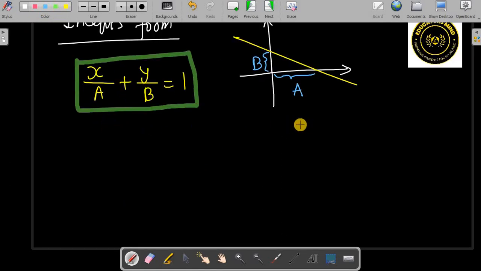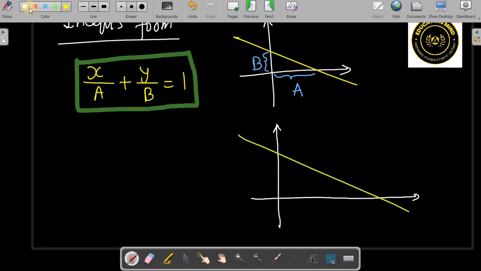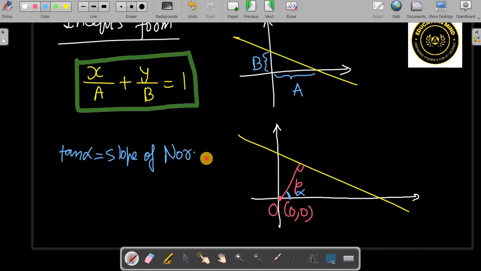Then next, equation of a line based on the length of perpendicular. Suppose there is a line like this and you can drop a perpendicular from origin 0, 0. The length of the perpendicular is p and alpha is the angle made by the perpendicular or normal. So here tan alpha is slope of normal.